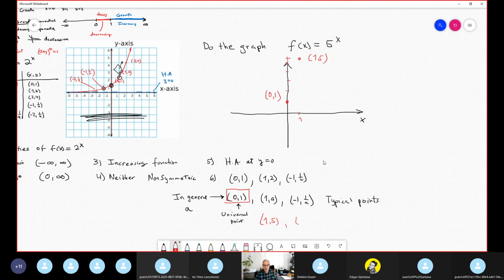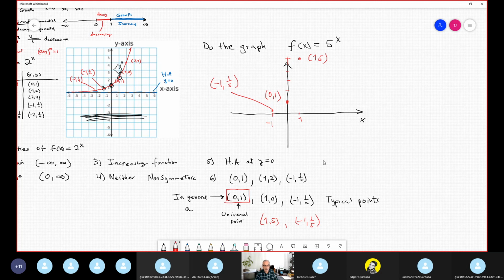And the second point is -1, 1/5, because the base is 5. And 1/5, you know, you take that segment and divide it into 5 portions, using my imagination, is here. And this point is the point -1, 1/5.